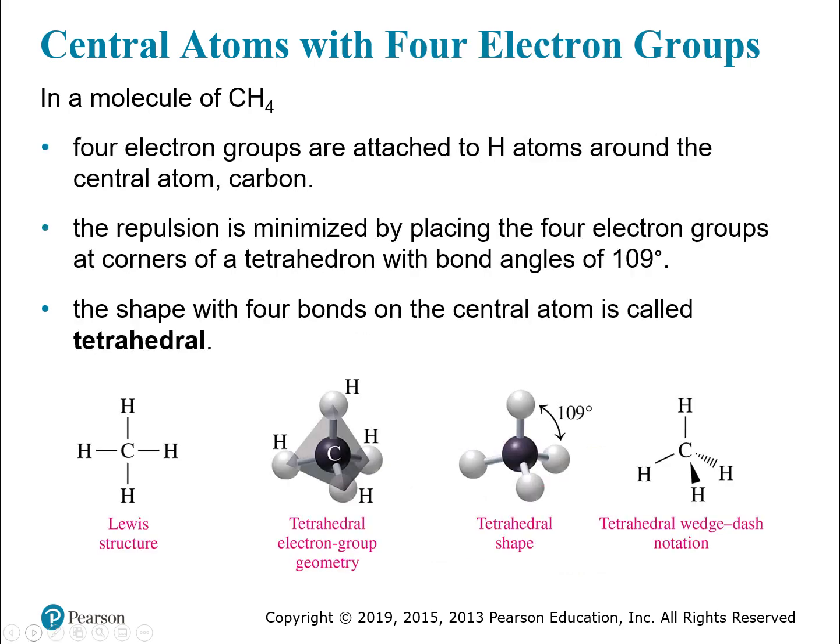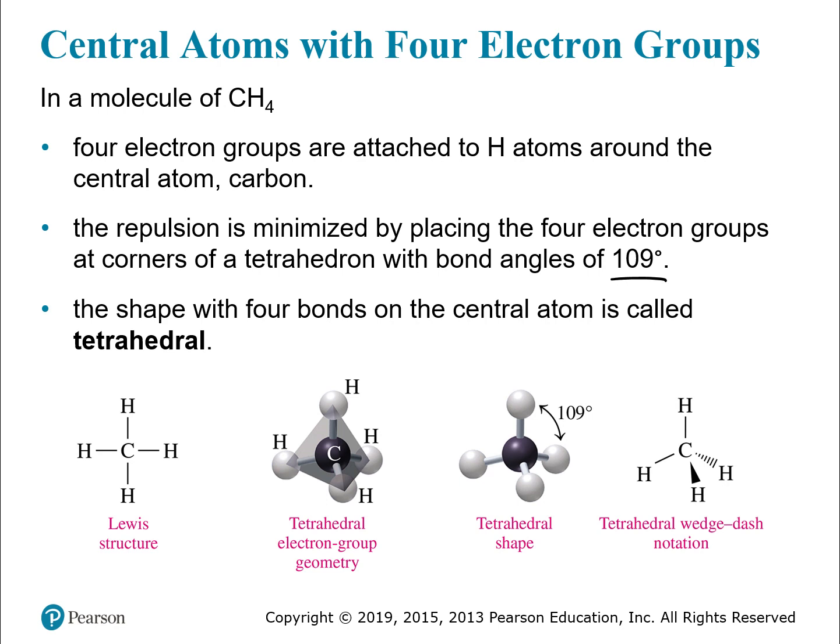Now we've got 4 electron groups. Back to using our example of methane. To minimize the repulsion, you're going to place all of those at the corners of a tetrahedron. You've got a bond angle of 109 degrees. And so if you draw it with the wedge and dash to show which one's coming out at you versus going back into your computer screen or what have you, it's going to show you kind of the 3D geometry.